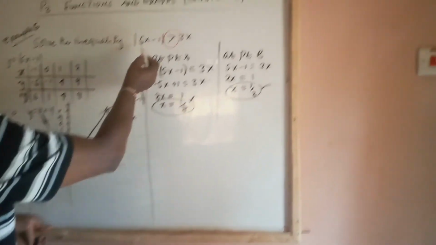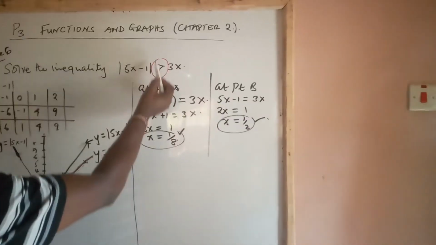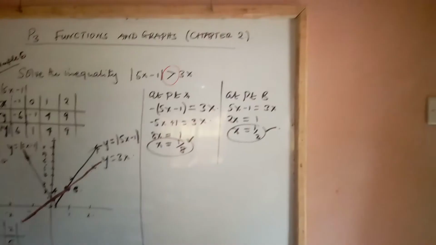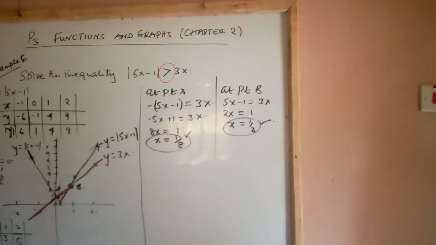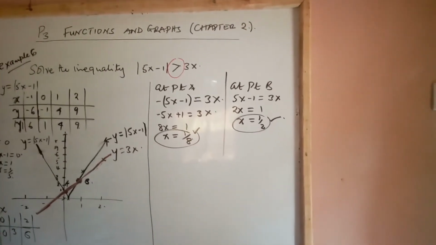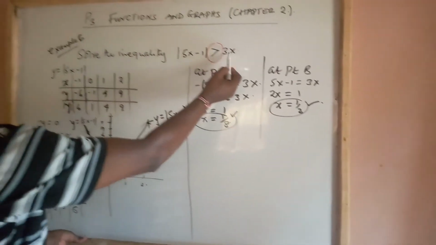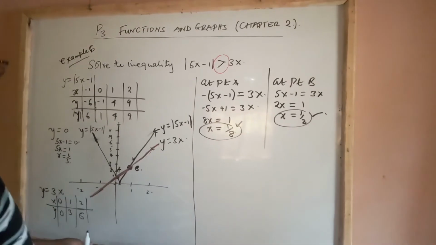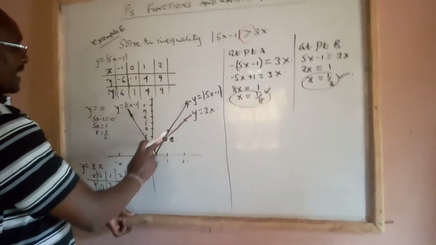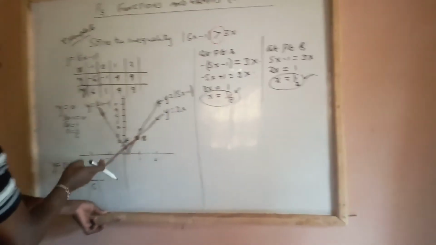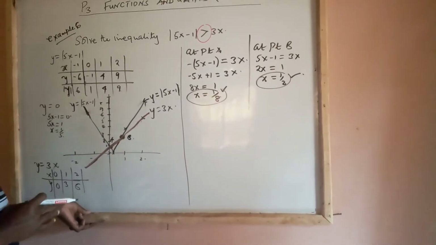So if the modulus part is supposed to be greater than 3x, all values of the modulus part are supposed to be greater than the values of y equals 3x. So every region where the black graph is above the red graph makes a lot of sense.